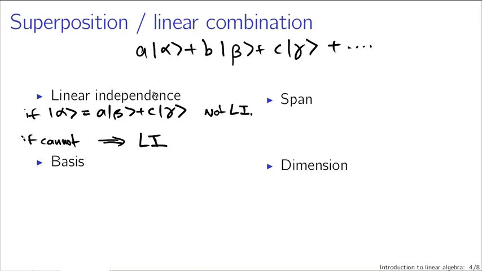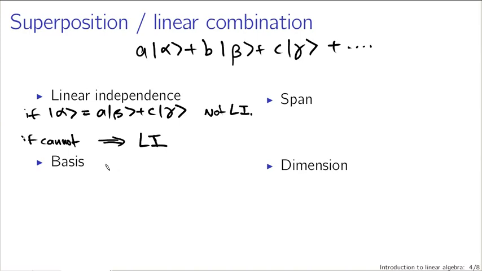Alpha would be considered linearly independent of beta and gamma if it cannot be made by a linear combination of beta and gamma. If you have a bunch of vectors with which you can construct other vectors, you'll never get anything that's linearly independent from those vectors, but you can get vectors that are not in your original set.